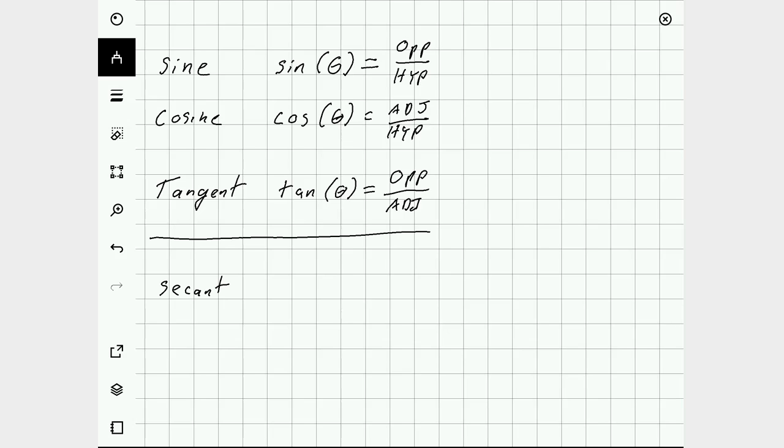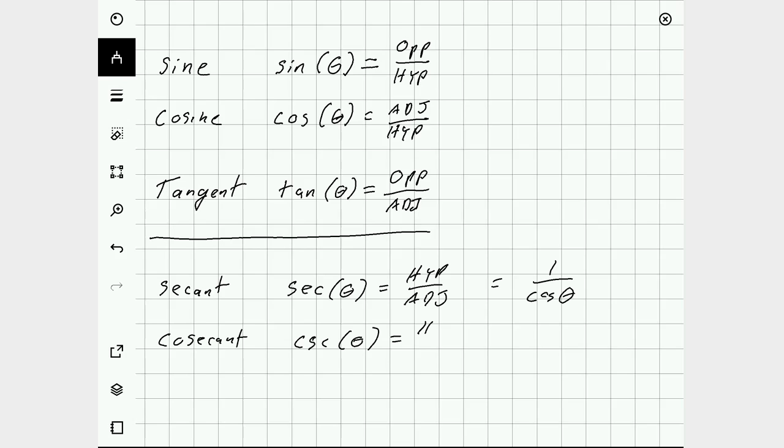There is the secant, SEC of theta, which is the hypotenuse over the adjacent side. That's the reciprocal of cosine. There is the cosecant, CSC of theta, which is the hypotenuse over the opposite side.